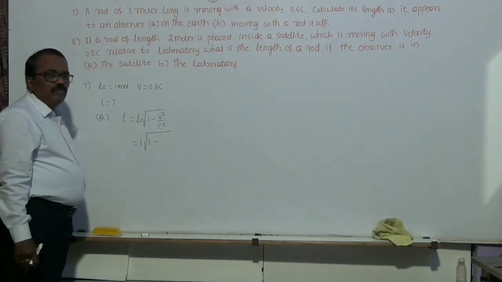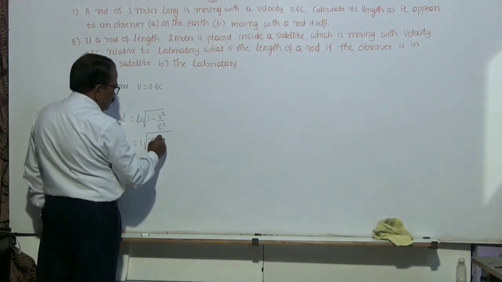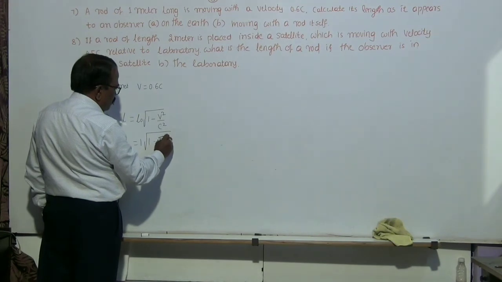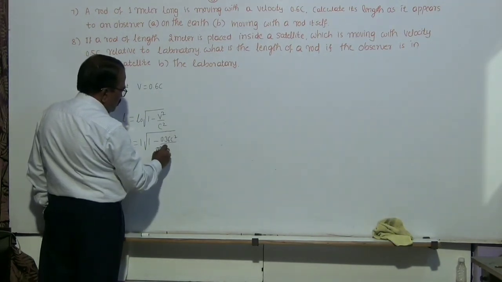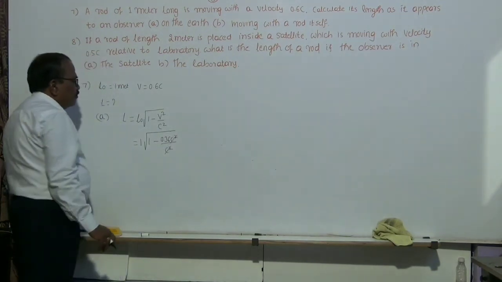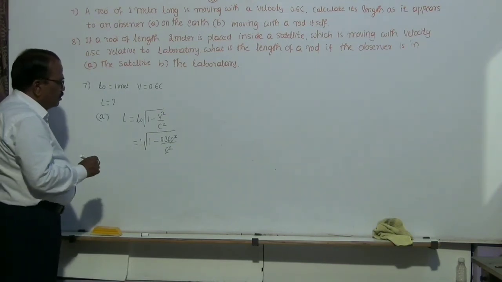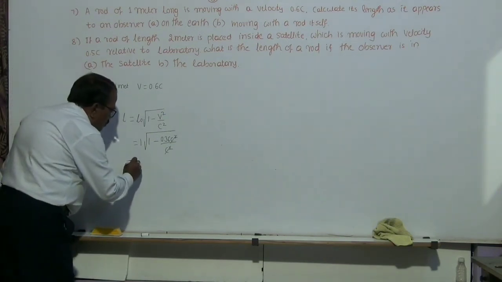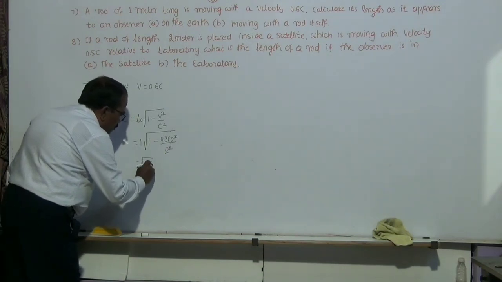So your L naught is 1 meter into square root of 1 minus your v is 0.6 c. If you square this, it is 0.36 c square divided by c square. This c square gets cancelled. So 1 minus 0.36 is square root of 0.64.